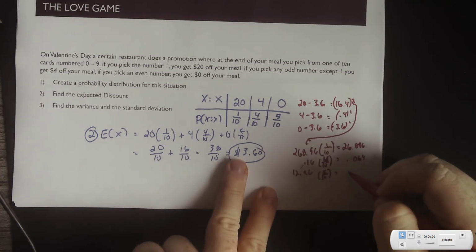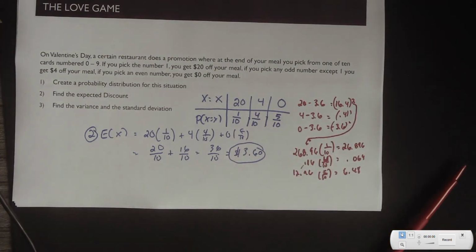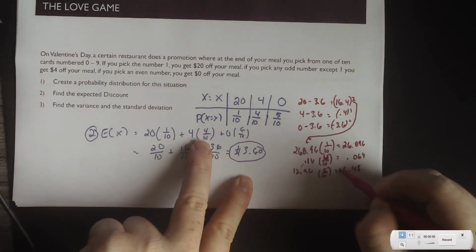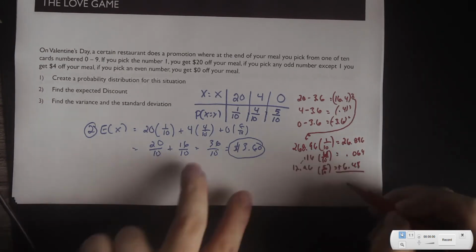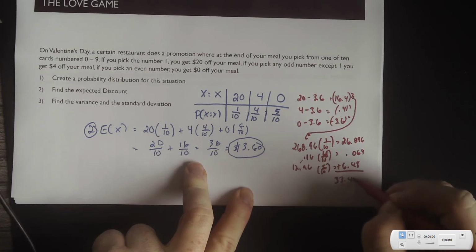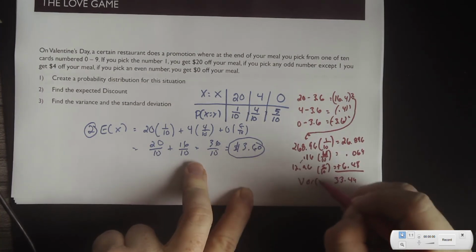That should give me those numbers, and then if I add all this together, I get 33.44, which is the variance.